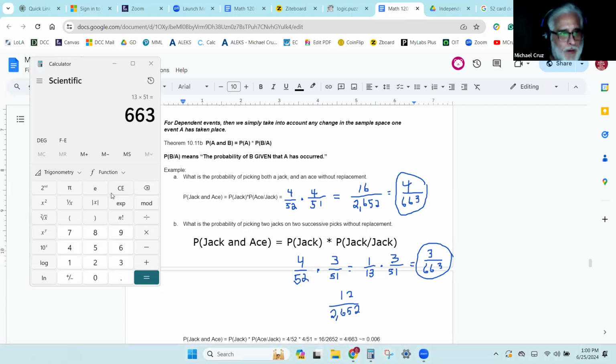That's why "or" raises up your probability level, and "and" means that you got a smaller probability. Because if these separately are easier to get, the 4 over 52 or the 1/13th and the 3/51 are easier separately, but once you multiply them, they become an even smaller fraction.